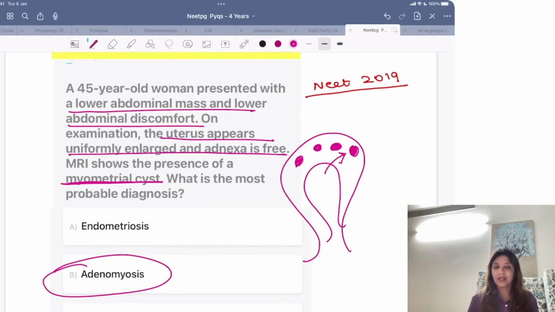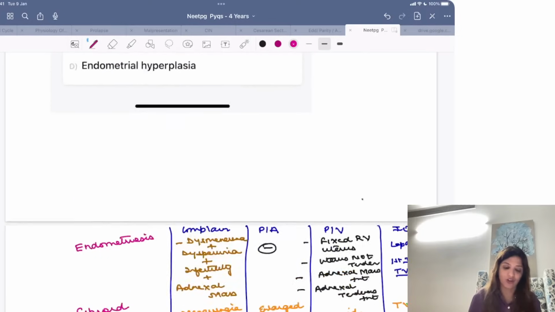Another very important thing. In case of endometriosis, the endometrium is present outside the uterus. Because endometrium is present outside the uterus, uterus will not be enlarged. So what they have given, that uterus is uniformly enlarged and adnexa is free, is not something which you are going to get in endometriosis.